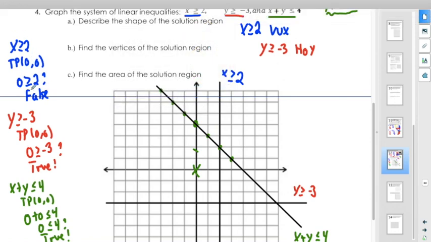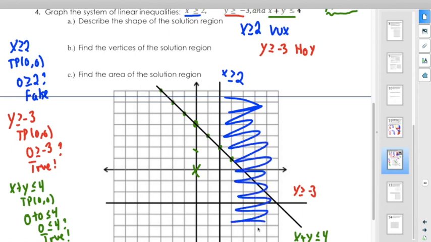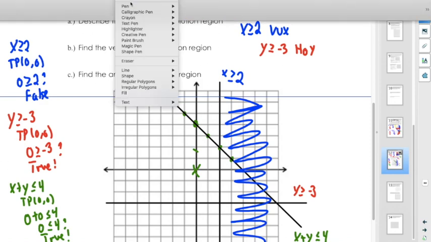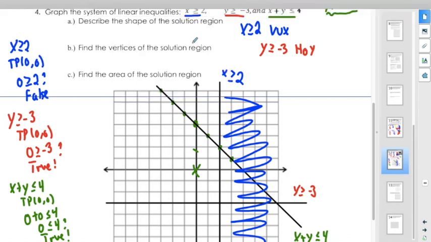Let's start with the first one. I'm starting at x is greater than or equal to 2, which is this vertical line. And since it's false, that means I'm shading away from my test point. So it's going to be shaded all over here. Now, let's go to the red one. Y is greater than or equal to negative 3.